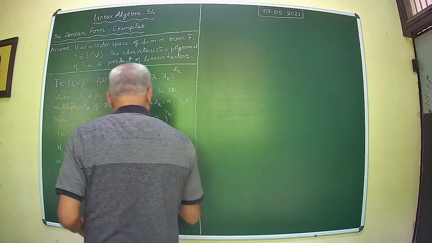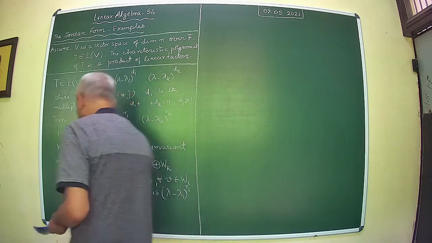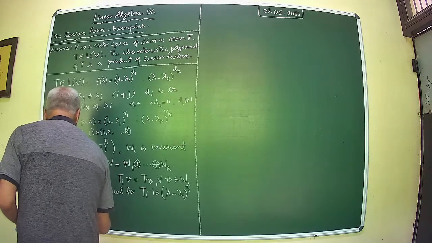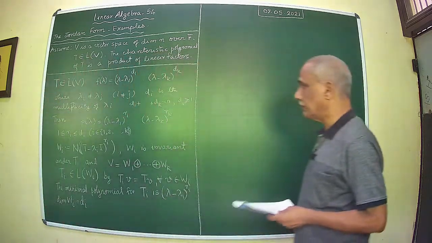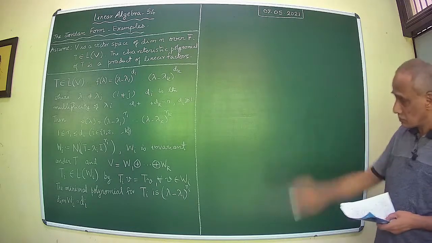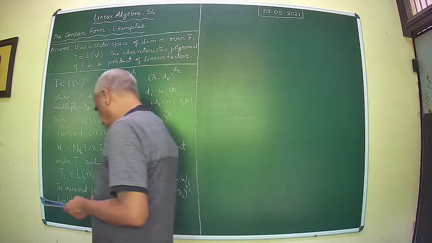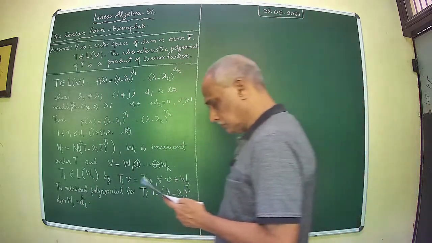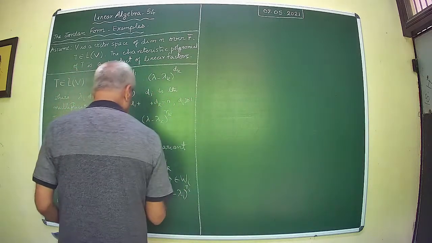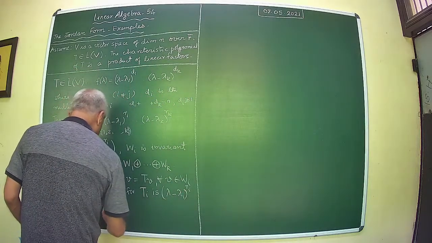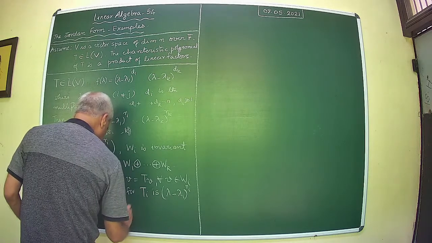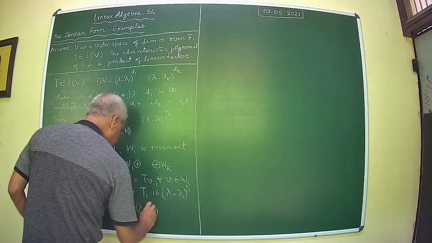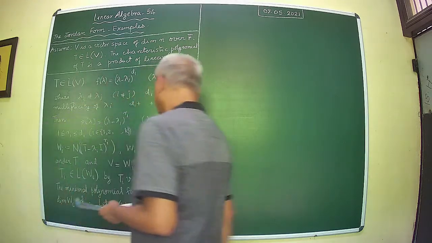Incidentally, the dimension of Wi is di, that is, the multiplicity of lambda i in the characteristic polynomial.